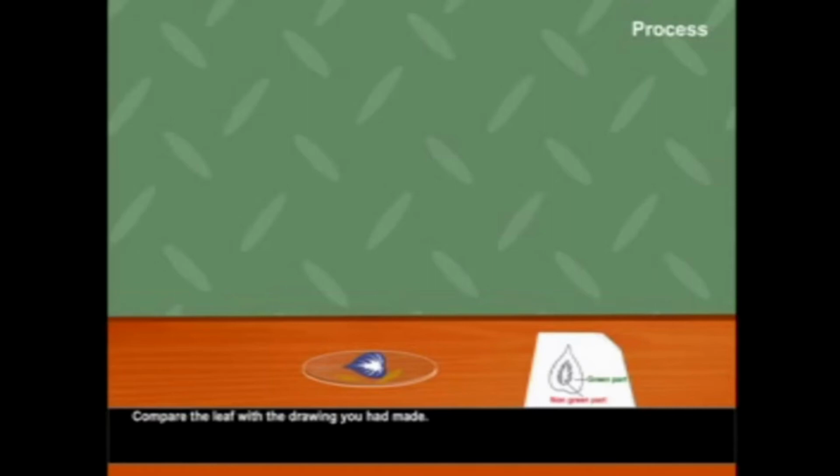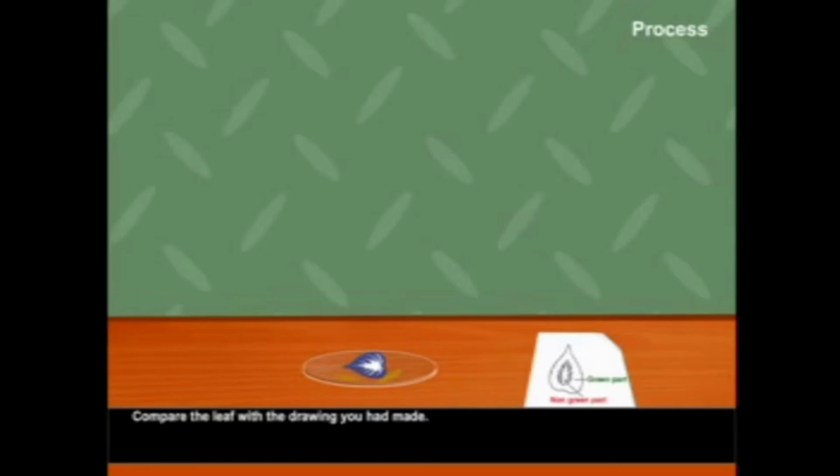Without chlorophyll, the plant cannot prepare its own food. And finally, we have some changes: the green portion of the leaf turns blue-black. So in this experiment we know that chlorophyll is very important for photosynthesis.